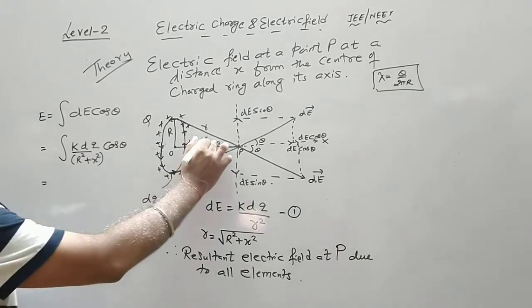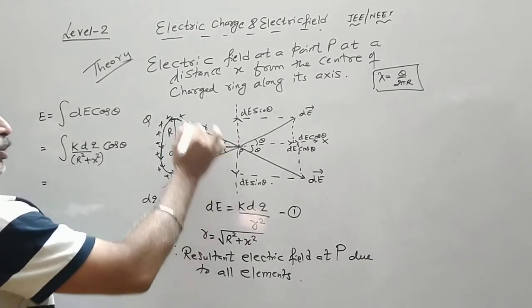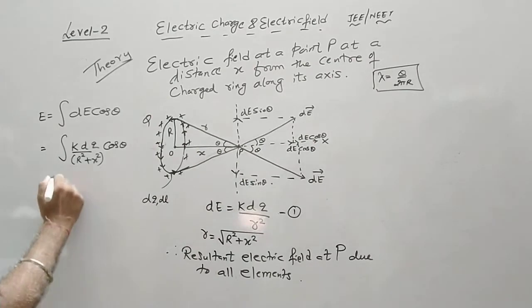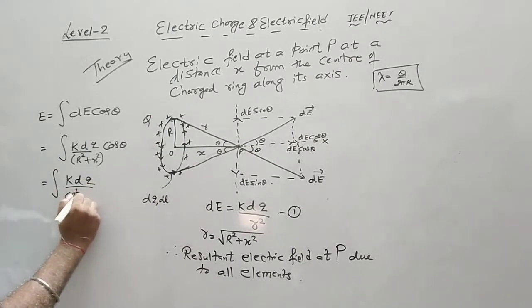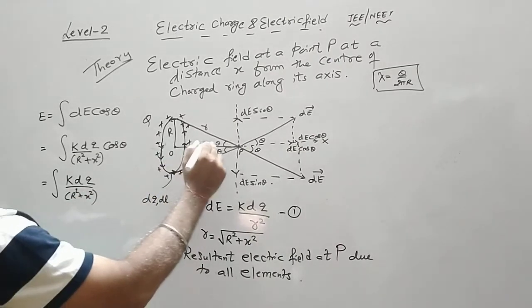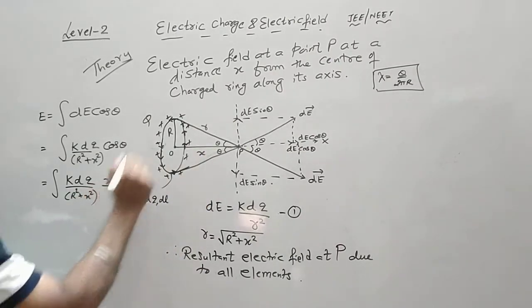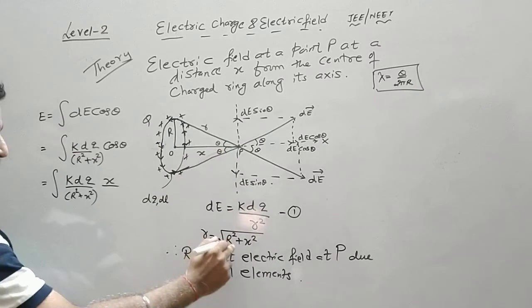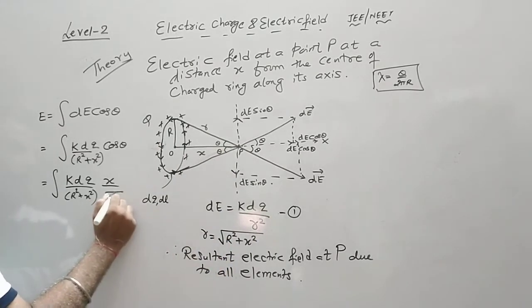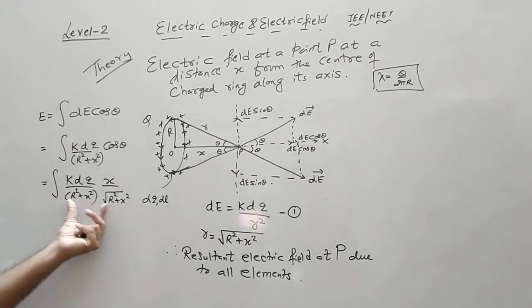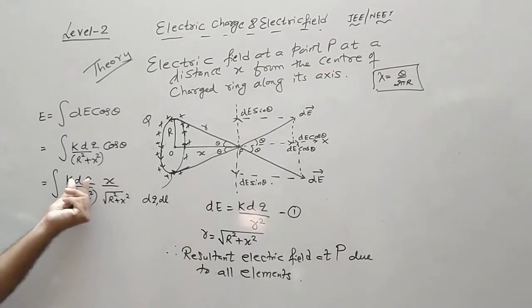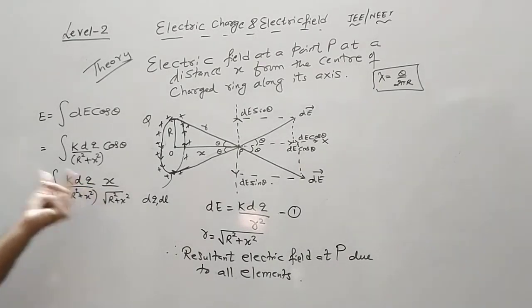So now cos theta is adjacent upon hypotenuse. So integration k dq upon R square plus x square, cos theta, that is adjacent, x, upon hypotenuse, that is R, means under root R square plus x square. So these are the constant terms. Now it should be the integration with respect to q.